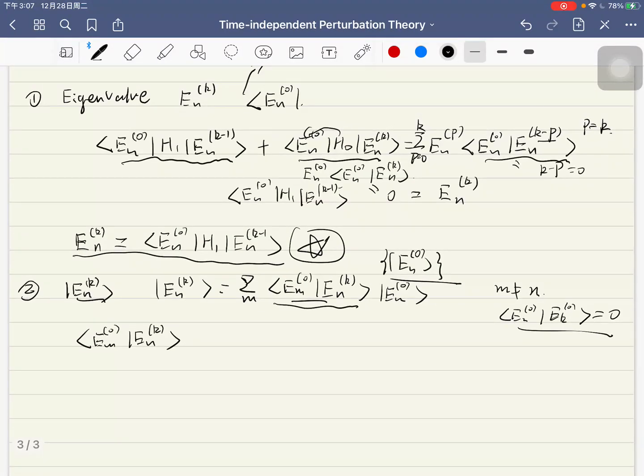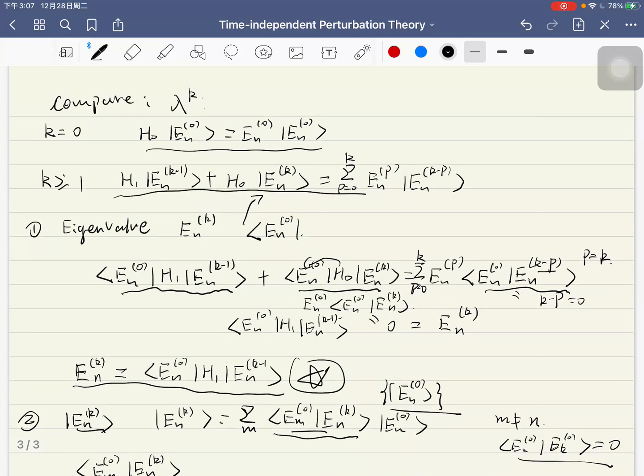And we do the left action on this basic formula.